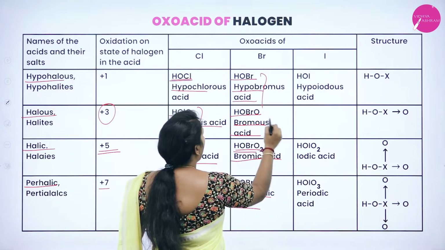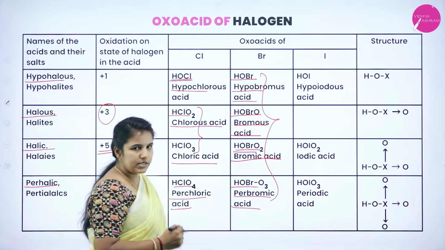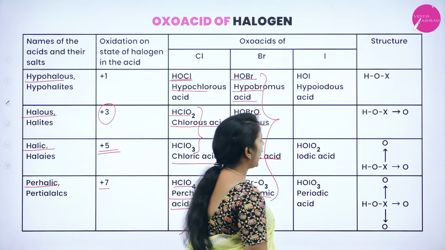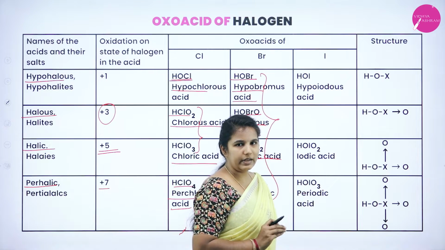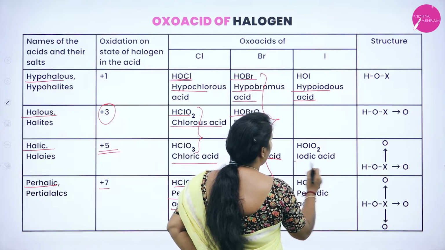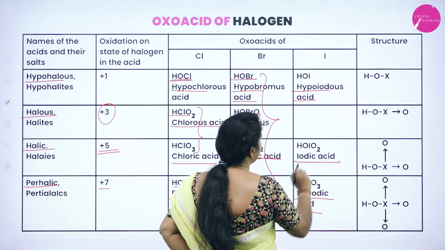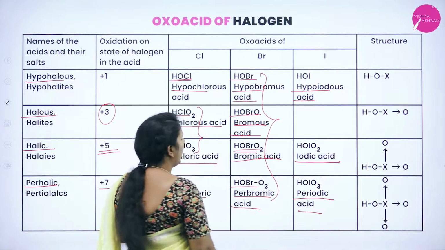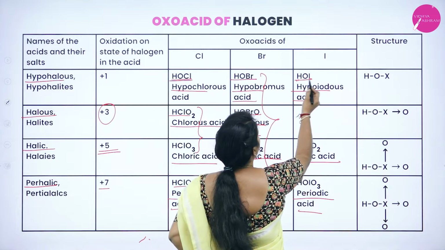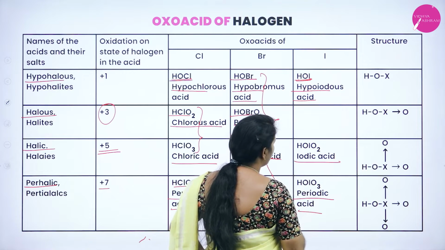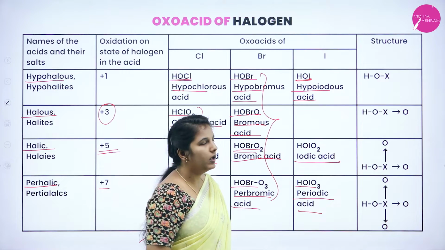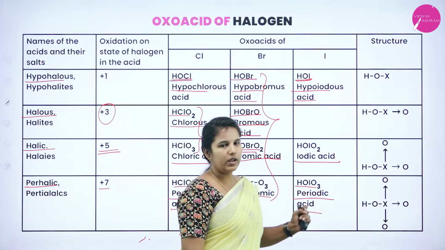From hypobromous acid to perbromic acid, the number of oxygen atoms increases. Coming to iodine, it forms only three types of oxoacids: hypoiodous acid, iodic acid and periodic acid. There is no formation of halous acid in the case of iodine. You can see HOI, HOIO2, HOIO3. Again, the number of oxygen atoms increases as we move.